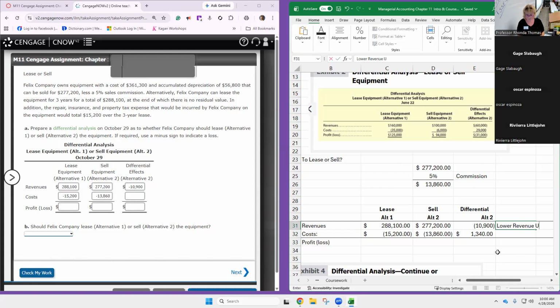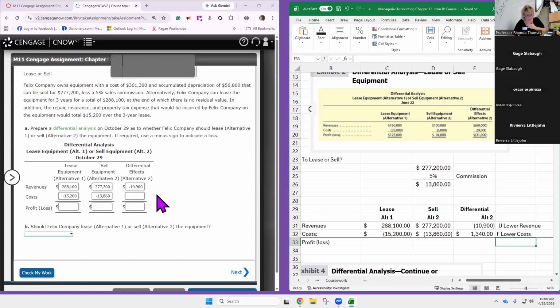I'm just going to put that next to it so you can think about it a little bit. But lower costs are actually a good thing. Looking at it from this point of view, favorable is lower costs.